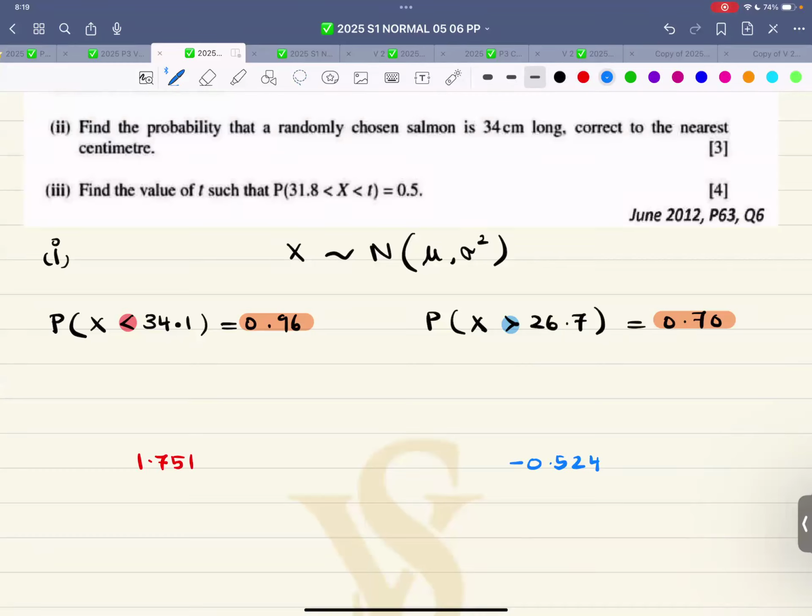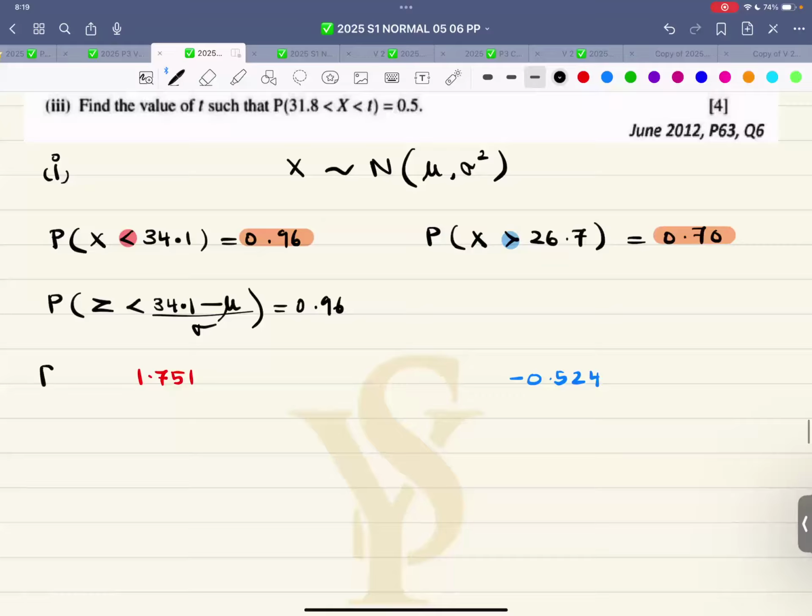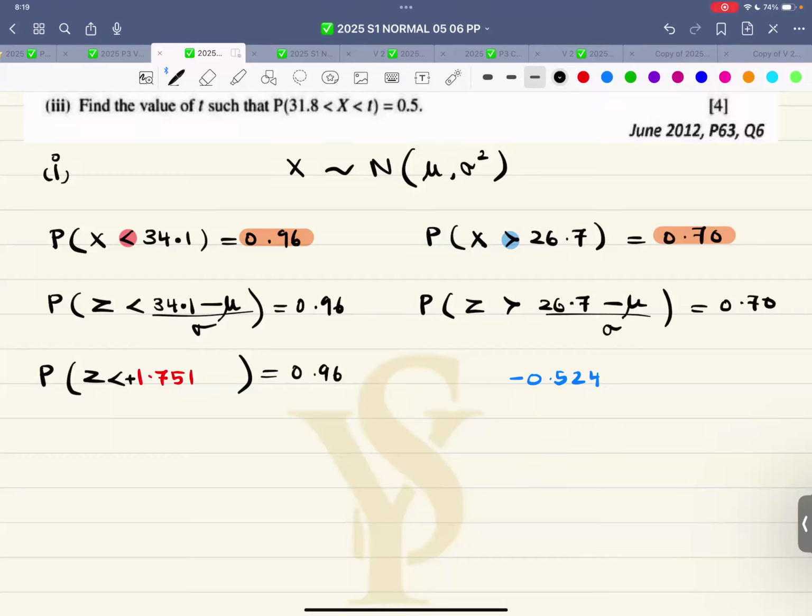Now let me fill in the rest. So now over here, probability Z is less than (34.1 minus mu) divided by sigma is 0.96. Probability Z is less than a positive value is 0.96. Probability Z is greater than (26.7 minus mu) divided by sigma is 0.70.